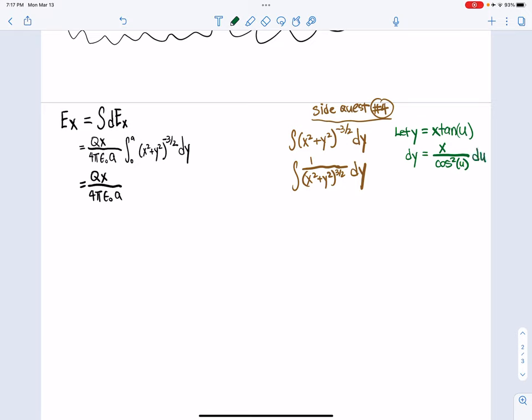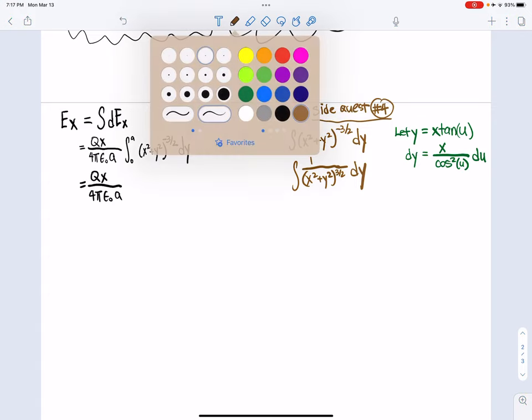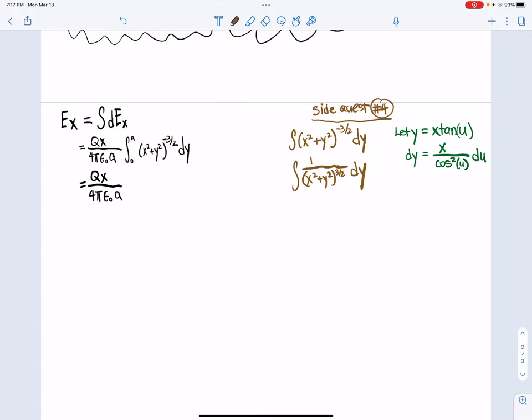All right? And now I'm going to plug these back into our side quest number 4. So that would be the integral of 1 over x squared plus, instead of y squared, x squared tangent squared of u.